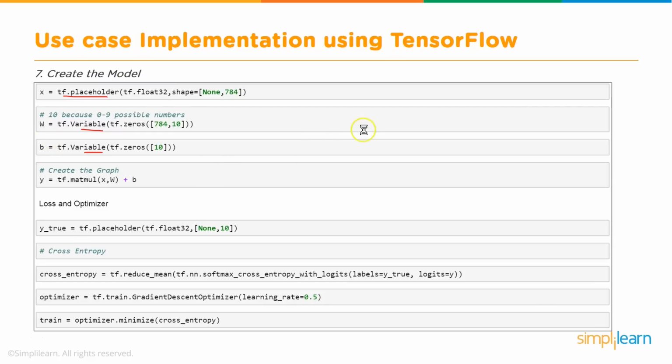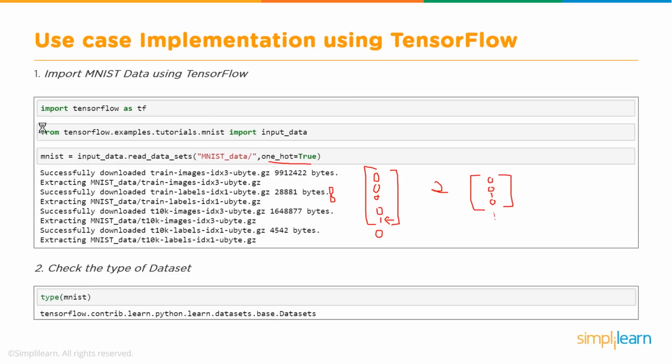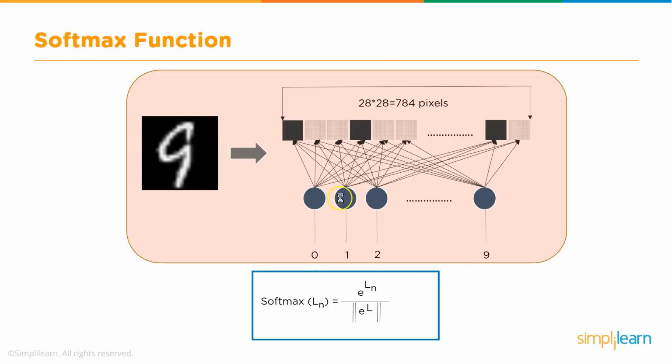In our case, there are 10 neurons, and each neuron takes all the inputs, so each has 784 inputs. If we go back to our slide here, every neuron takes all the 784 inputs. This is the first neuron, it receives all the 784. This is the second neuron, this also receives all the 784.